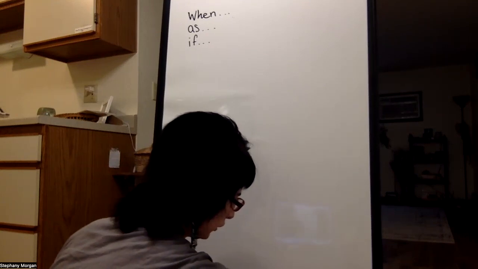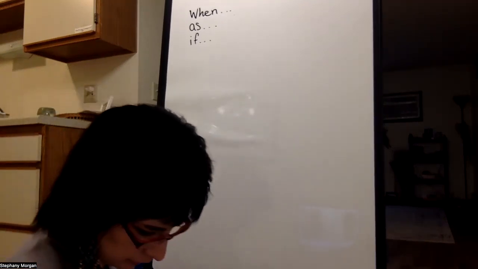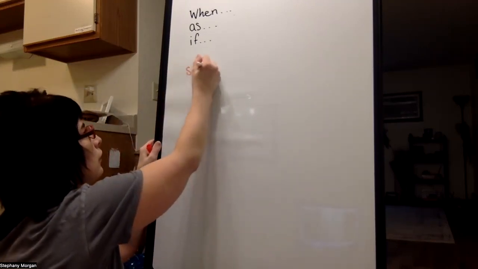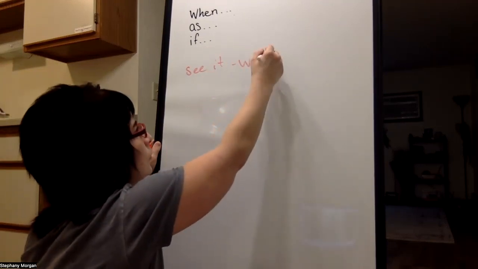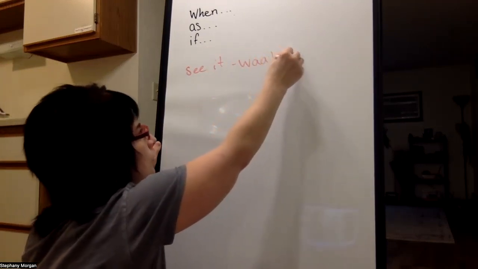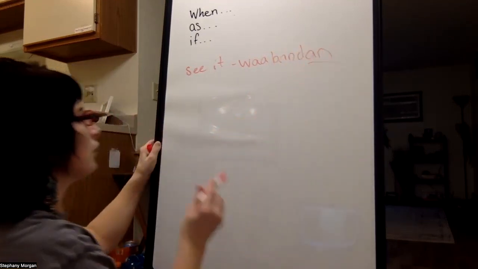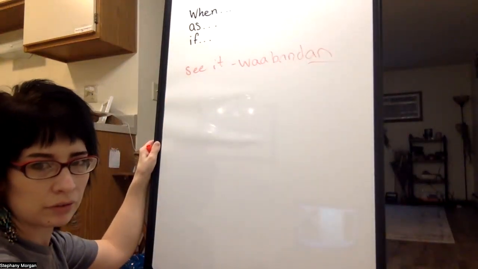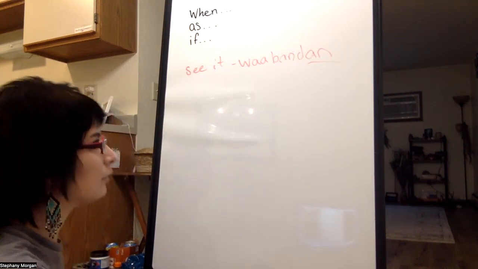The word for see it is wabandan, and I'm going to put the verbs in red. See it. It ends in an, and the English translation is a command to one person. You could look at one person and say, wabandan, see it.